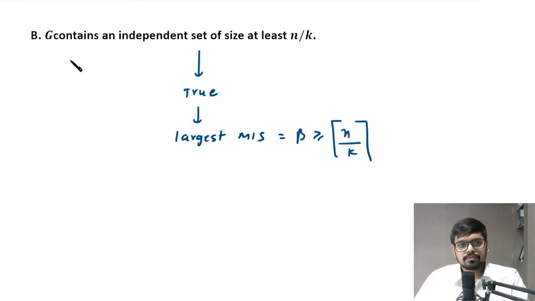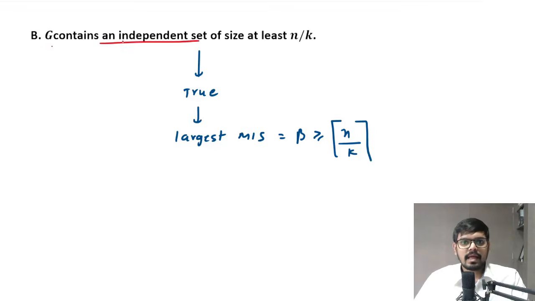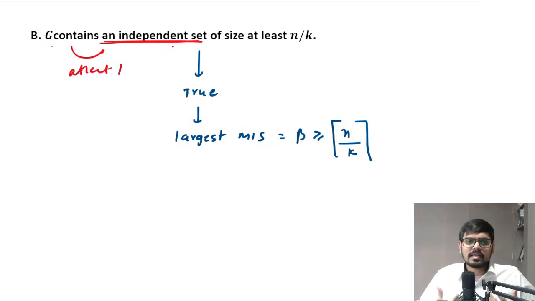Why is B true? G contains an independent set of size at least n by k. Makes sense. They are talking about an independent set. Contains means at least one. G contains an independent set, there exists at least one set of size at least n by k.